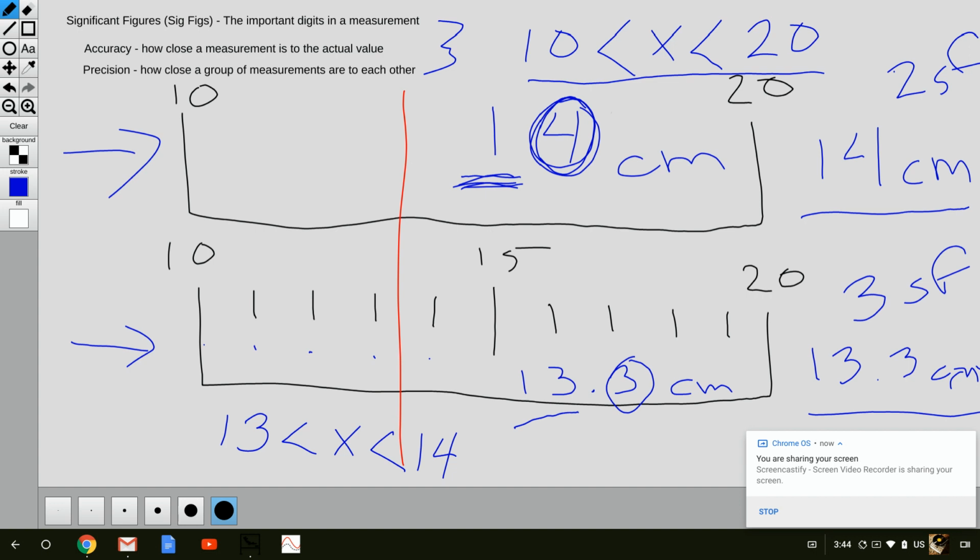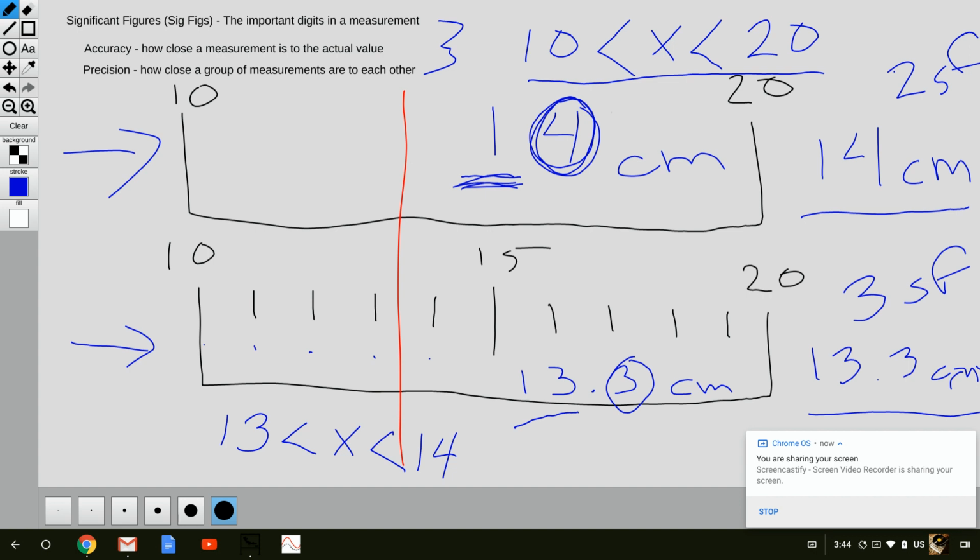Therefore, the ruler on the bottom, the one with the smaller increments, is more precise because it is more repeatable. The measurements will be closer to each other because it's marked to a smaller degree. Now, if we talk about accuracy, and this is what doesn't make a lot of sense, both rulers are considered to be accurate.